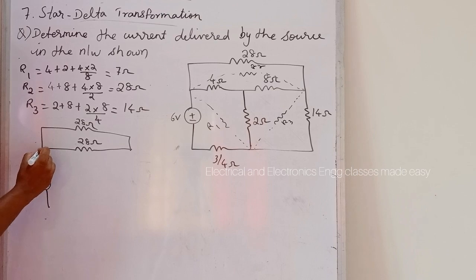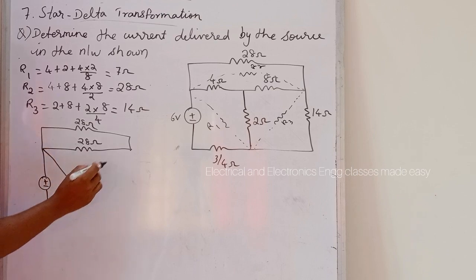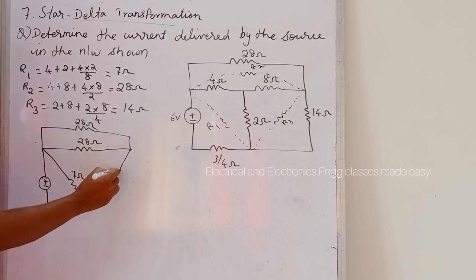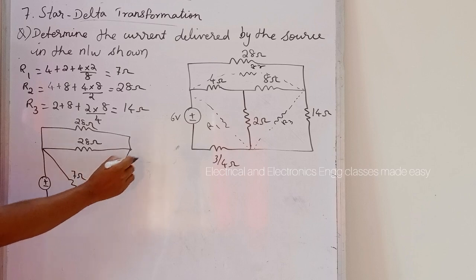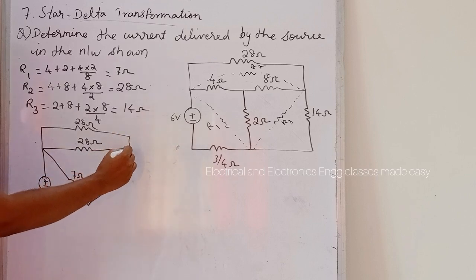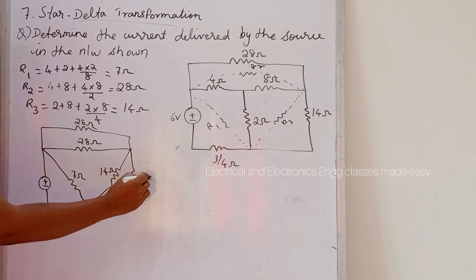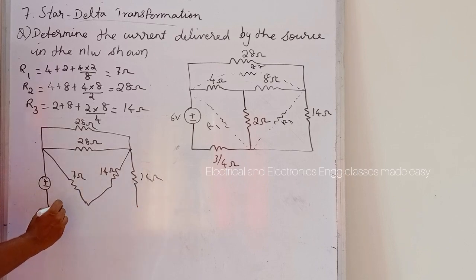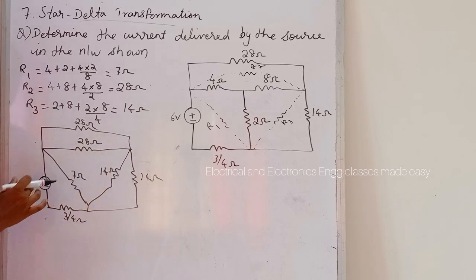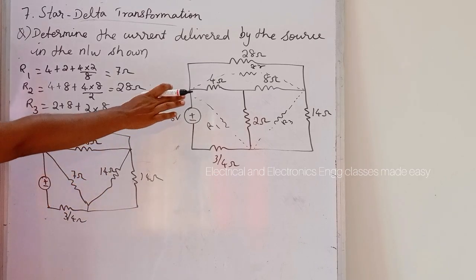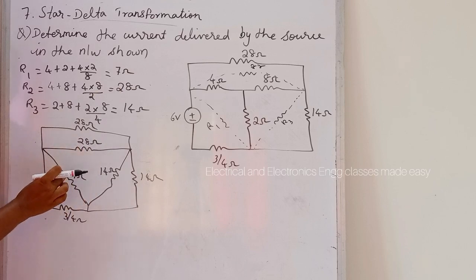Then here R1, which is 7 ohm, and here R3, which is 14 ohm. Then here also 14 ohm, and this is 3 by 4 ohm. So this is the new circuit diagram after converting to delta.